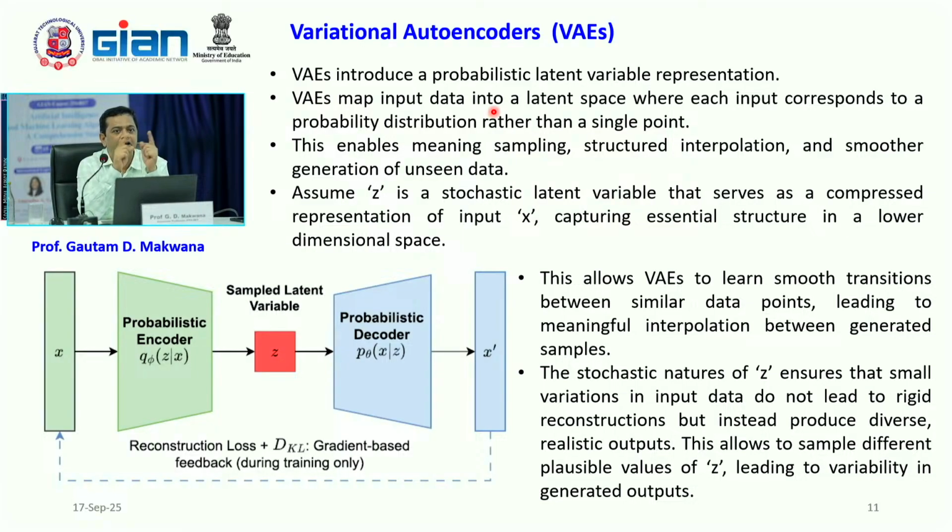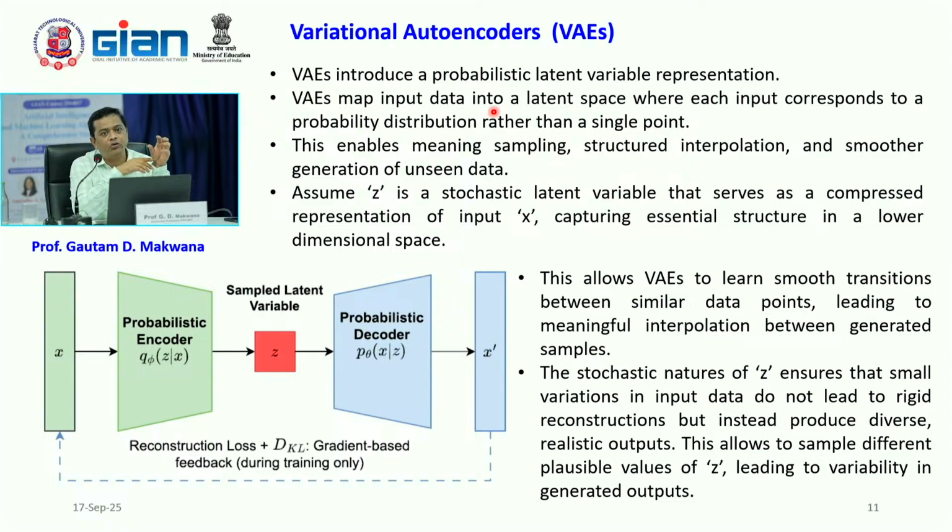At that time the input and output are the same, but it is based on the encoder and decoder. Now here it is a variational autoencoder.